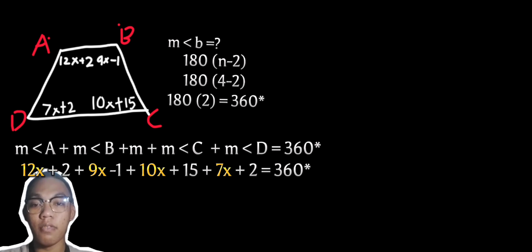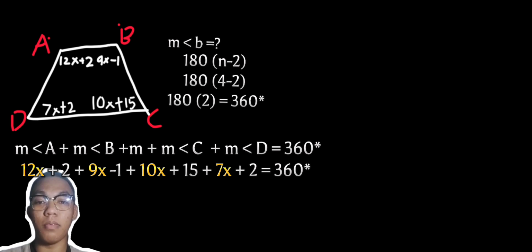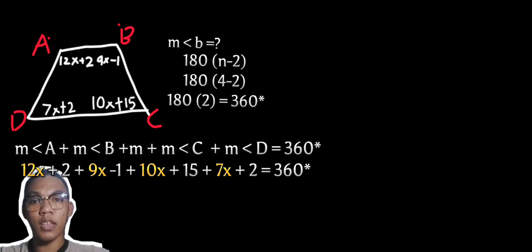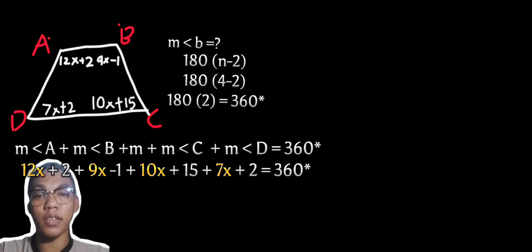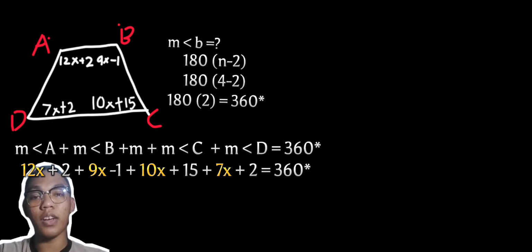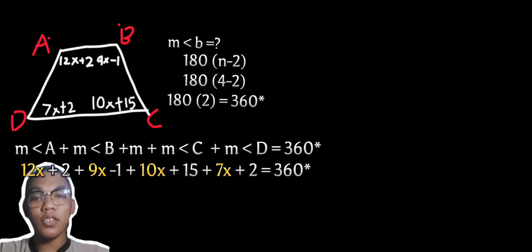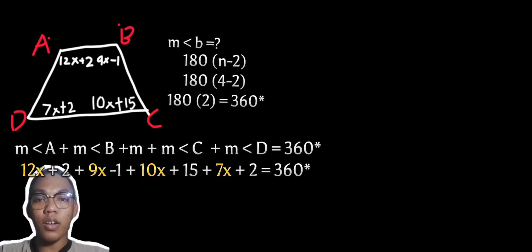We could say that 12x plus 2 plus 9x minus 1 plus 10x plus 15 plus 7x plus 2, all of these have to add up to 360. Let's combine the like terms. 12x plus 9x is 21x, 21x plus 10x is 31x, 31x plus 7x is 38x. 2 minus 1 is 1, 1 plus 15 is 16, 16 plus 2 is 18.